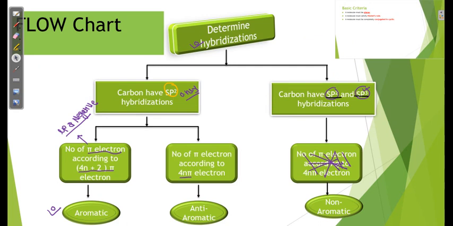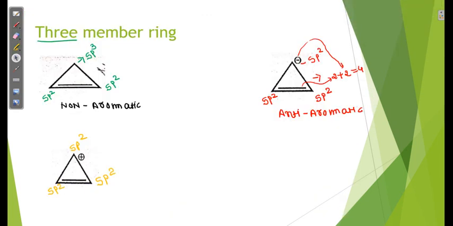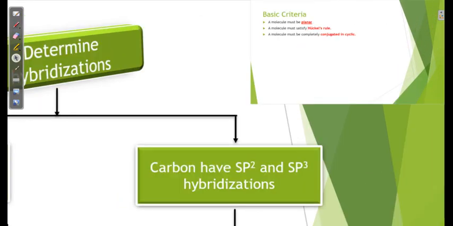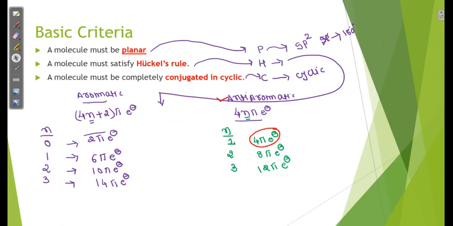How many pi electrons are there? There are only 2 pi electrons. If it is 2 pi electrons, then we have to check where it comes. Then we can say if it has 2 pi electrons, it comes under this, and this compound is aromatic.